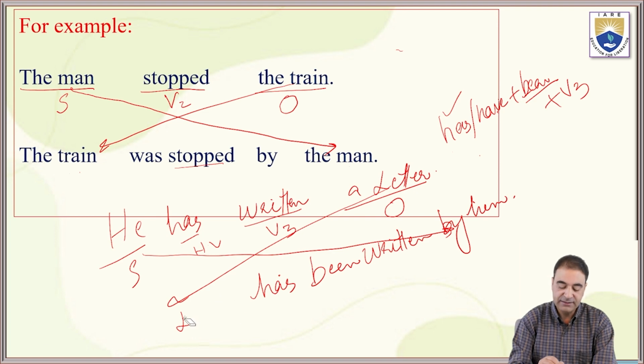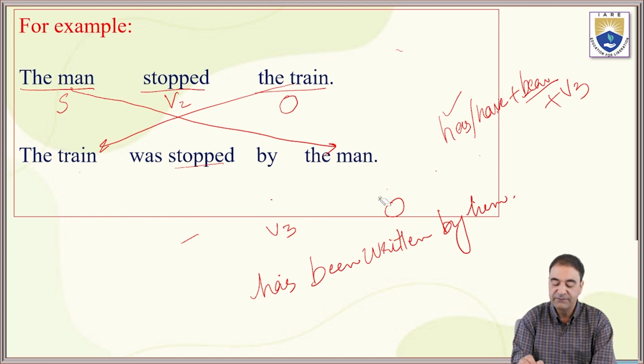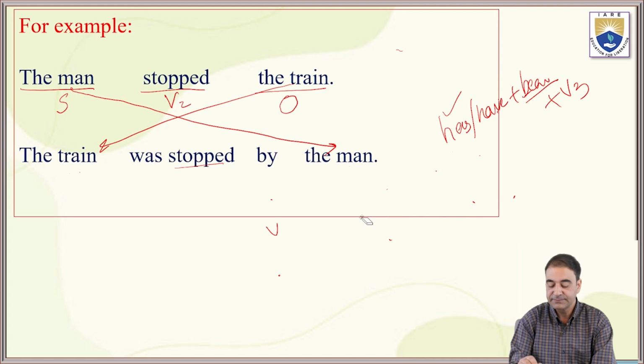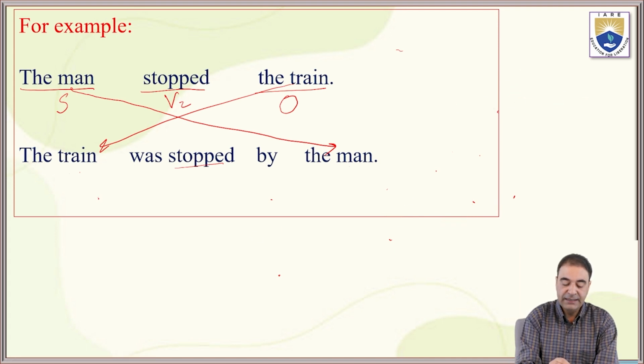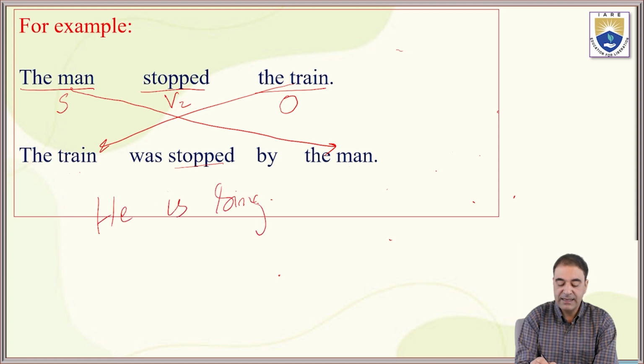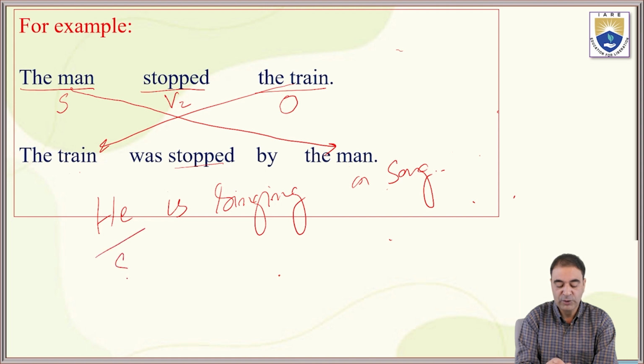Or we can take another example. For example, if I write like this, he is singing a song. He is the subject, third person singular.